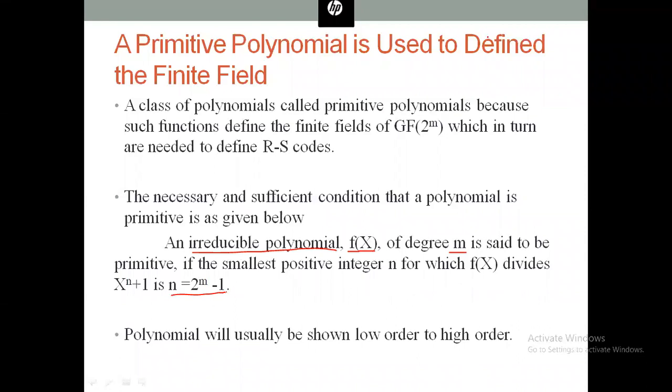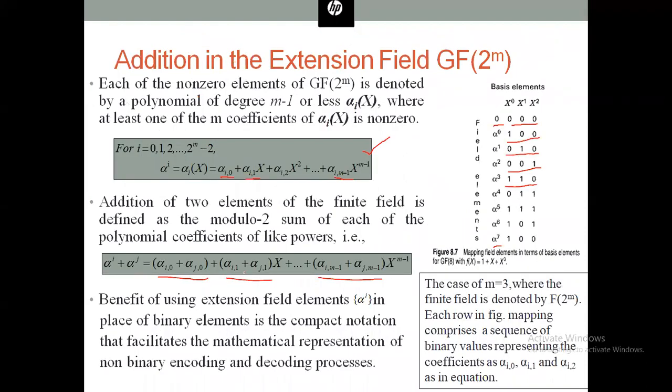In our case, we have chosen m equal to 3, so every symbol is represented by 3 bits.